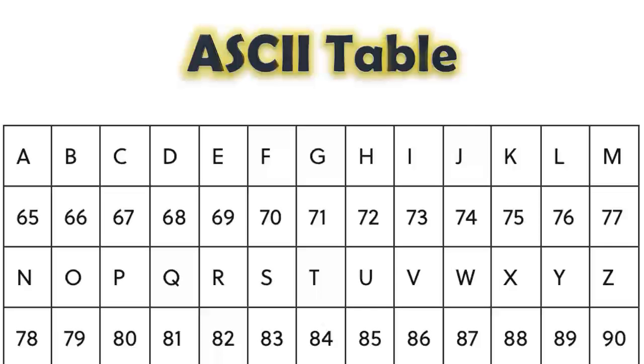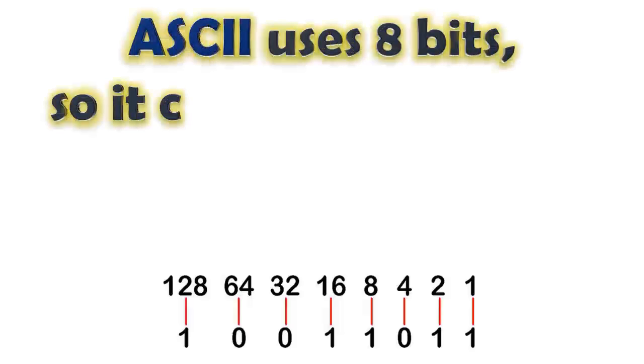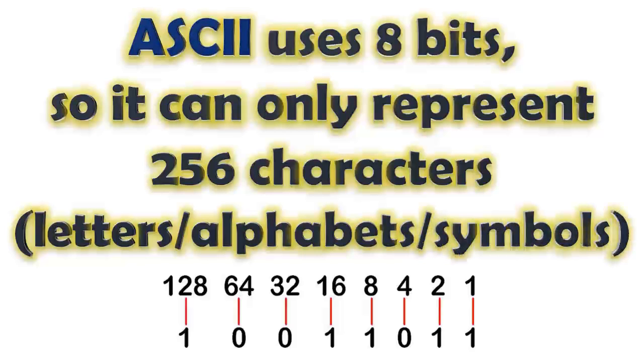This is the ASCII table. ASCII represents its codes in 8 bits, which means in 8 bits, a maximum of 256 combinations can be arrived at. ASCII can only represent 256 characters. If we want to store characters of multiple languages, smileys, emojis, etc., ASCII is not sufficient.